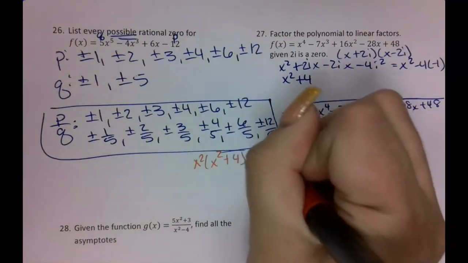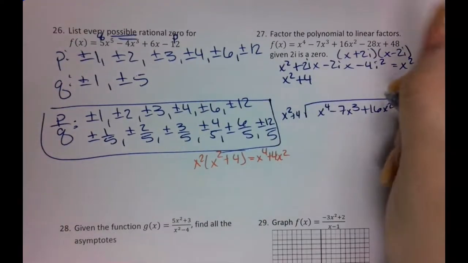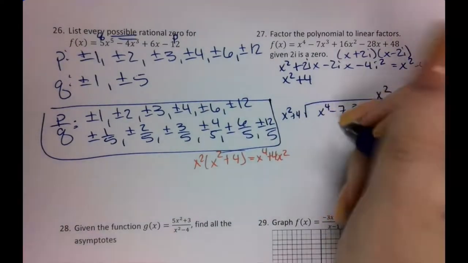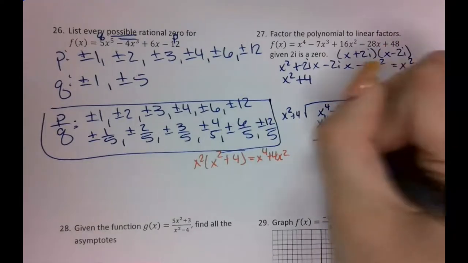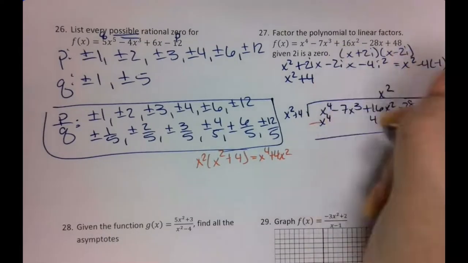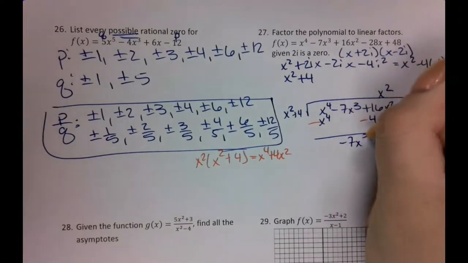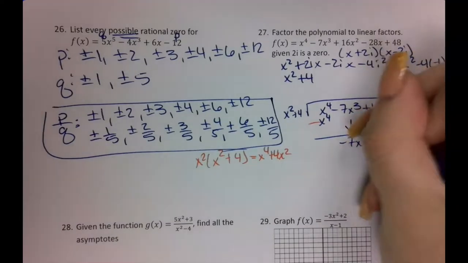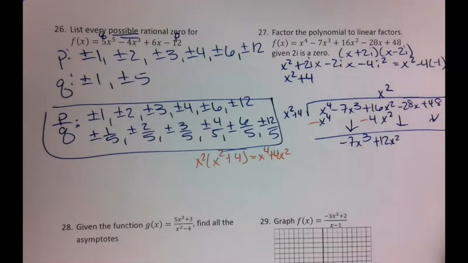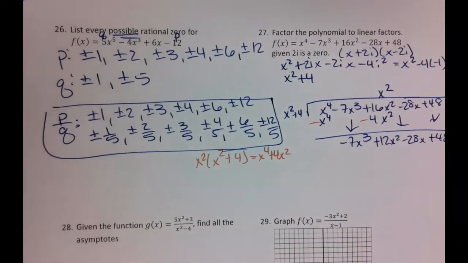It's going to give me x to the fourth plus 4x squared. So then I want to write that up above, and then I want to match those down below. X to the fourth, 4x squared. Subtract those out. My leading term goes away. Now I have negative 7x cubed plus 12x squared. And I bring down those other ones. Minus 28x plus 48.